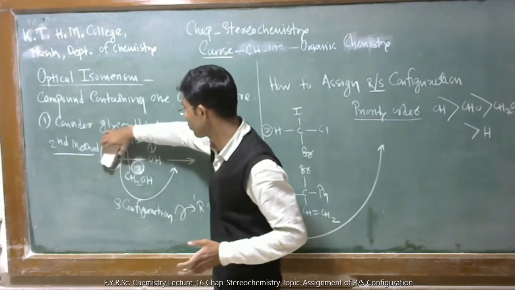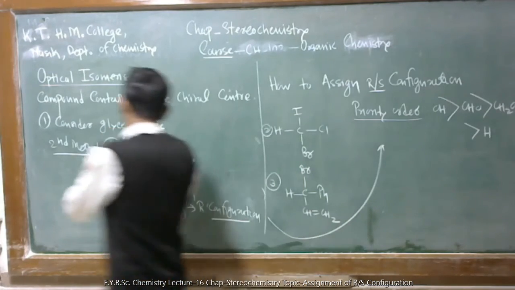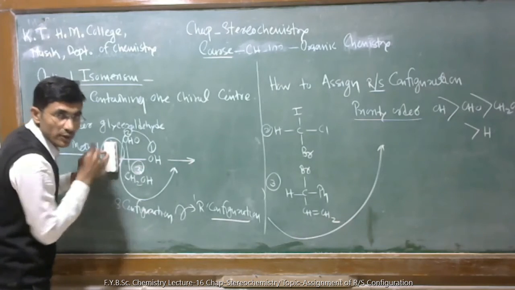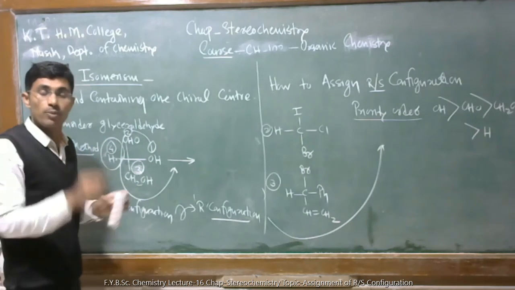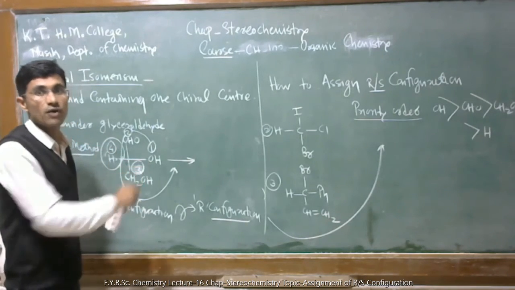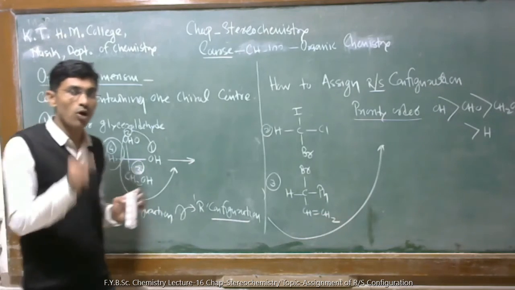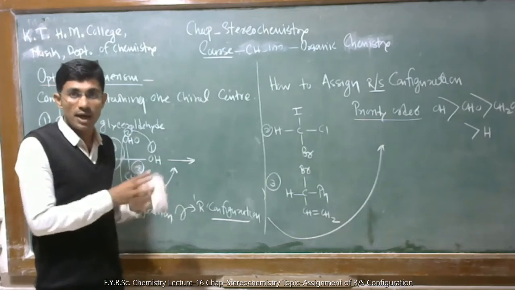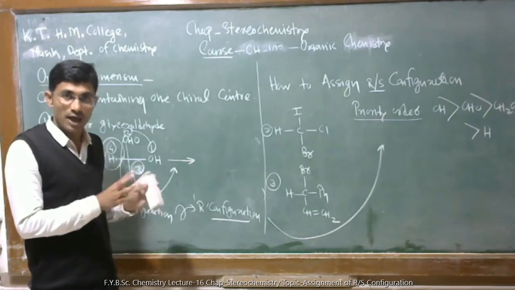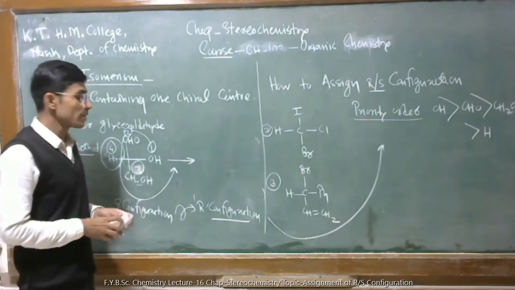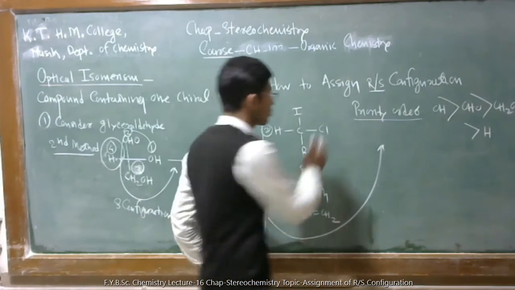When the lowest priority group is on the horizontal line, you have to invert the configuration. When it is not on the horizontal line, the configuration remains as it is. But because of the horizontal, we have to invert this. In this way, we assign the R and S configuration.